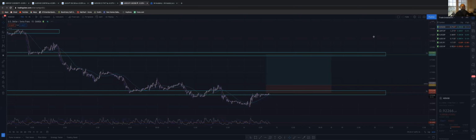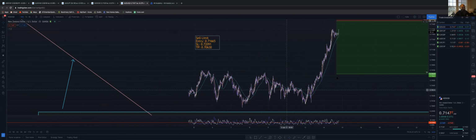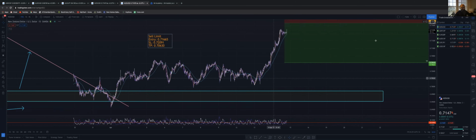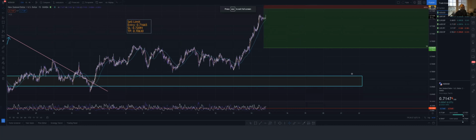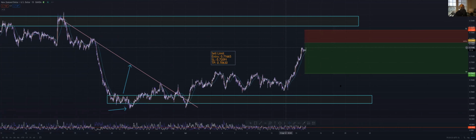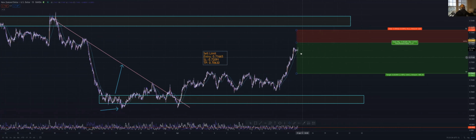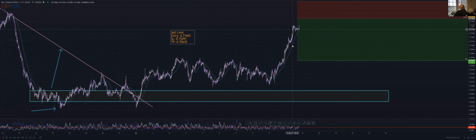Like I said, my name is Curtis Smith, and we're going to jump down into the charts. Right now, this is NZD USD. I'm looking for price to continue to come up right here. As we can see, we had this upward momentum for a very long time, and it's still in this buying power right now.